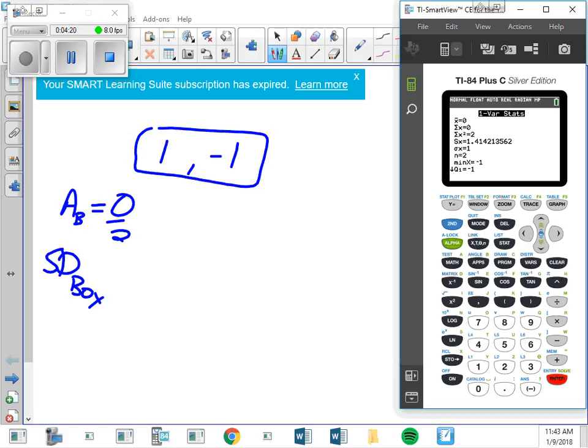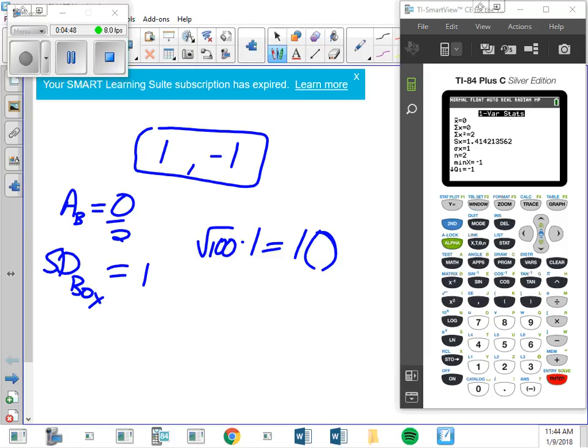How did I know it was going to be 1? On average, how far away are those numbers from 0? They're both 1 unit away from 0, so the average of 1 and 1 is 1. Okay, so for every draw, we would expect to be off by 1. If we play 100 times, it would be the square root of 100 times the SD of the box, which is 10.